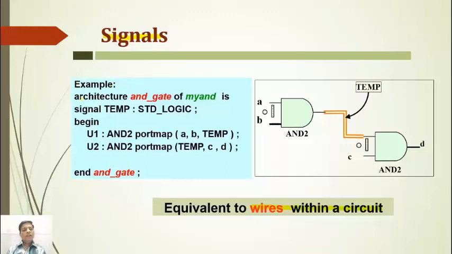Example, architecture AND_gate of my_AND is signal temp : std_logic; begin U1 : AND2 port map (A, B, temp); then U2 : AND2 port map (temp, C, D); So in this way we are defining the port mapping.